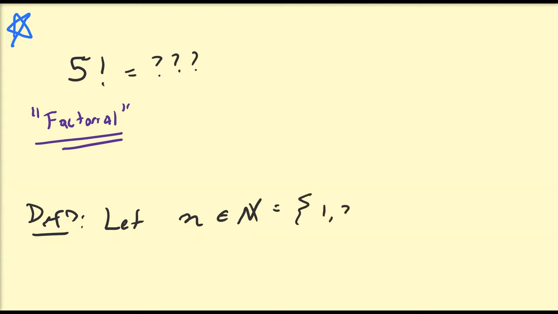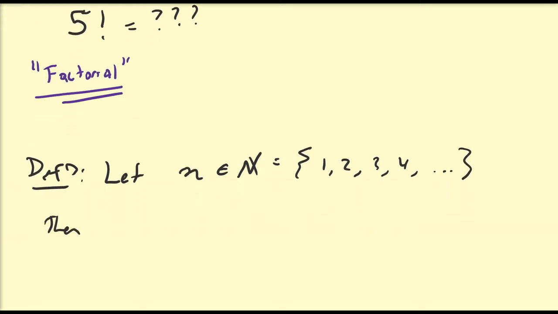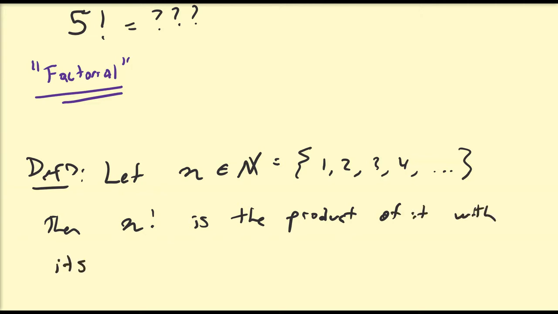So numbers such as 1, 2, 3, 4, and so on. Then n factorial is the product of it with its preceding natural numbers.